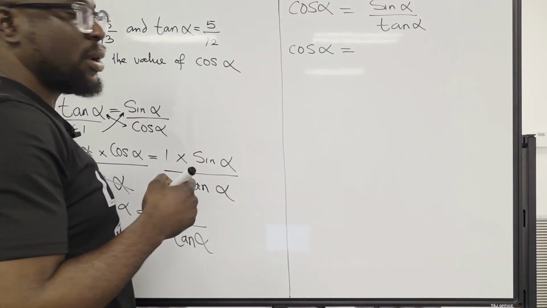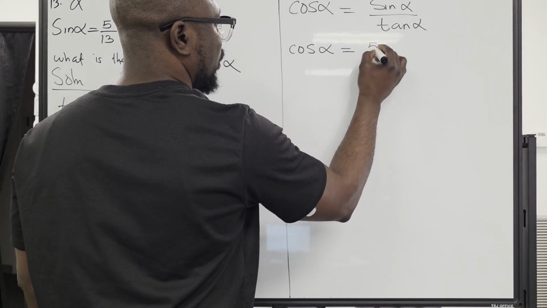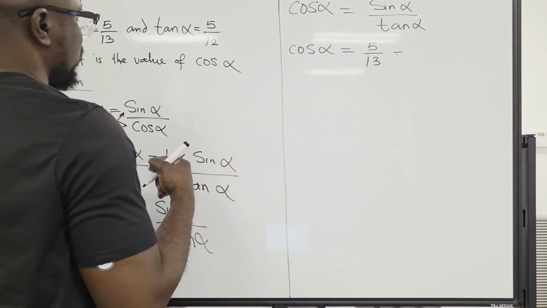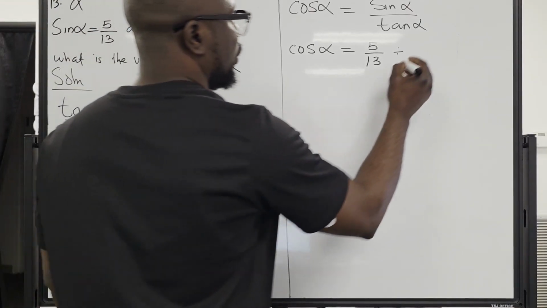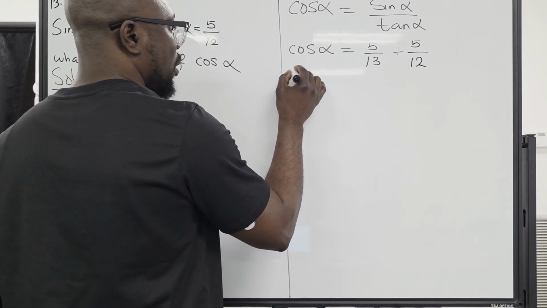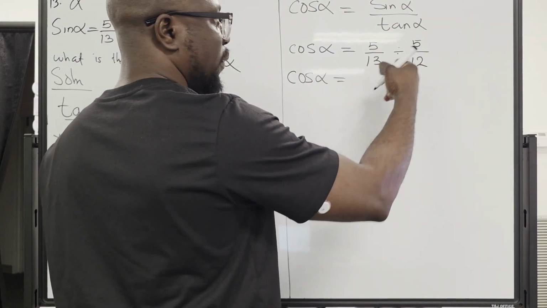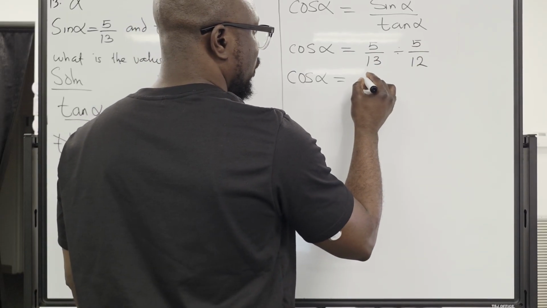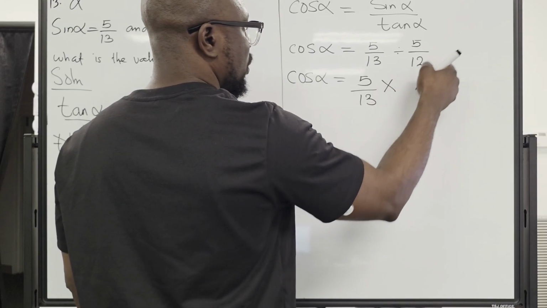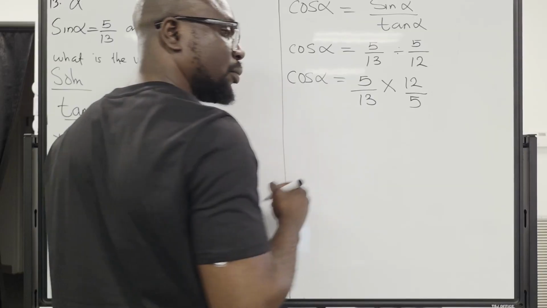So now cos alpha is equal to sine alpha over tan alpha. Sine alpha is 5 over 13, divided by tan alpha, which is 5 over 12, right? Since we are dividing a fraction by a fraction, we have 5 over 13 times, this is going to reverse, 12 at the top, 5 at the bottom, right?